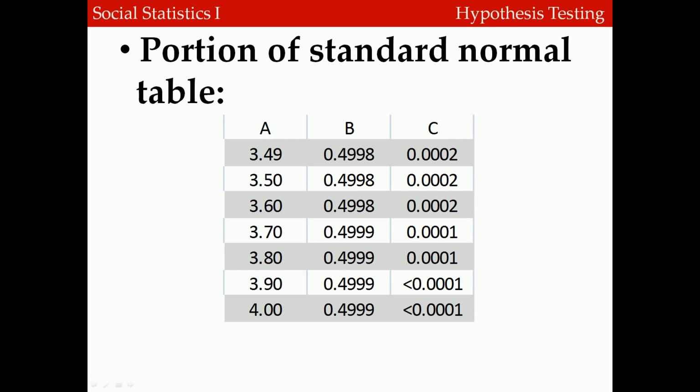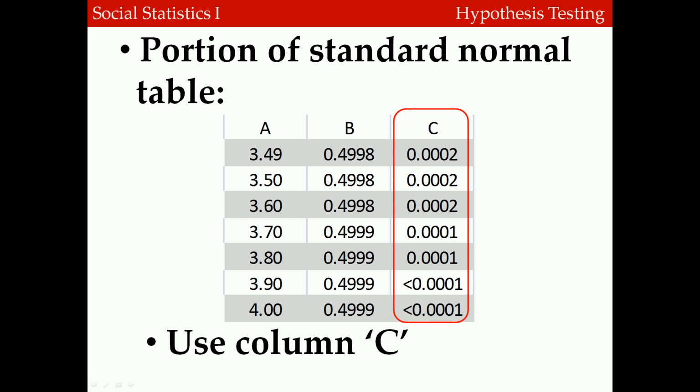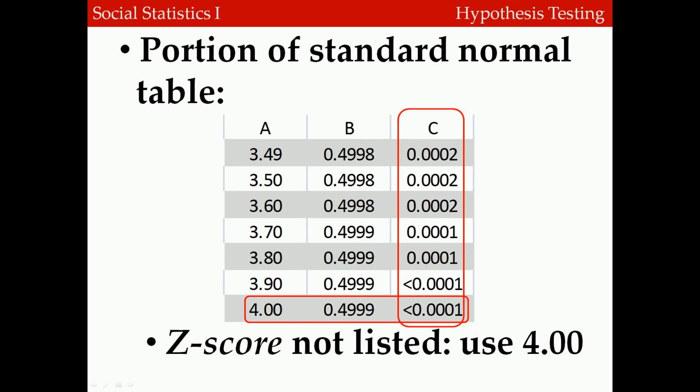And so here's a portion of the standard normal table. We're going to look at column C, and we're going to try to figure out which value in column C corresponds to our test statistic, 5.11. Well, notice that our z-score isn't even listed. It's so large, it's larger than the largest z-score that's listed on the table. So as an approximation, we can just use the value in column C corresponding to the largest z-score, 4 in this case.